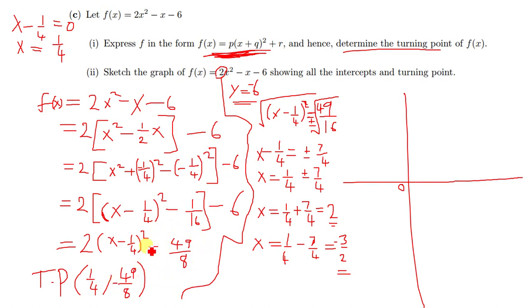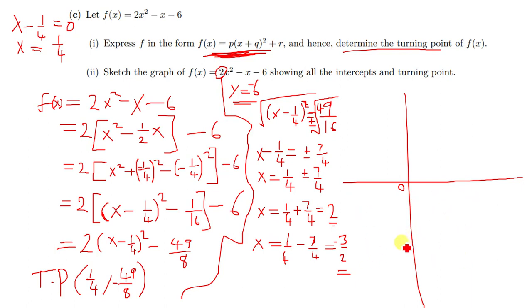So negative 49 over 8, which is the same as negative 6.125.